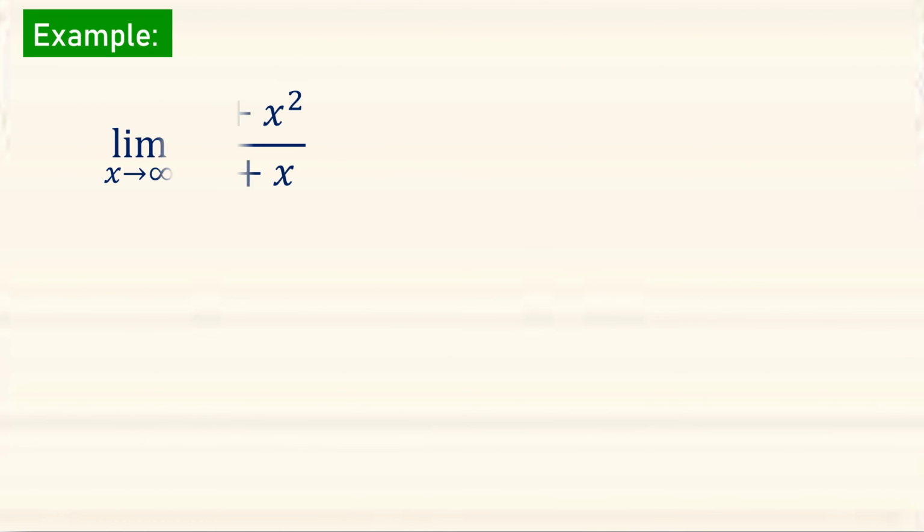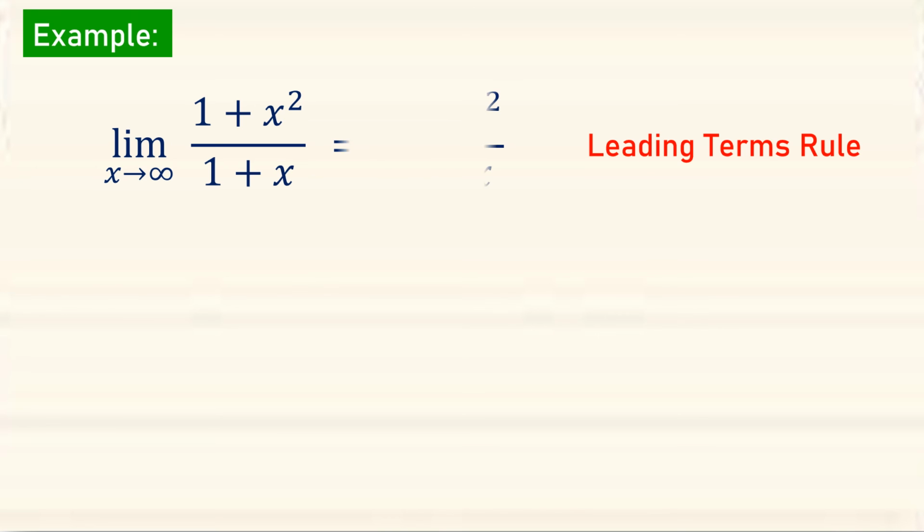Now let us have another one. The limit of 1 plus x squared over 1 plus x as x approaches infinity. In here, using the leading terms rule, we have the limit of x squared over x as x approaches infinity. In here, we are going to use the quotient rule.